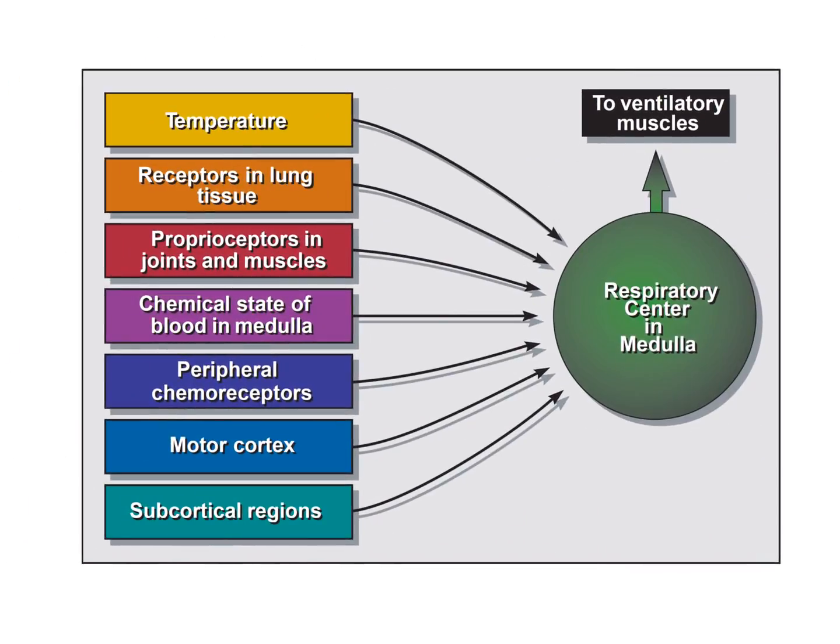Temperature, receptors in lung tissues, proprioceptors in joints and muscles, the chemical state of the blood in the medulla, peripheral chemoreceptors, the motor cortex, and subcortical areas of the brain send information to the respiratory center in the medulla oblongata.